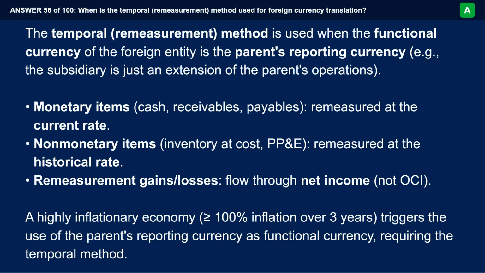Non-monetary items, inventory at cost, PP&E, are remeasured at the historical rate. Remeasurement gains/losses flow through net income, not OCI. A highly inflationary economy, greater than or equal to 100% inflation over 3 years, triggers the use of the parent's reporting currency as functional currency, requiring the temporal method.